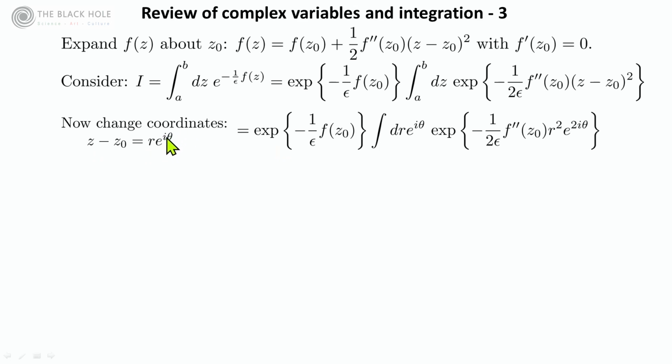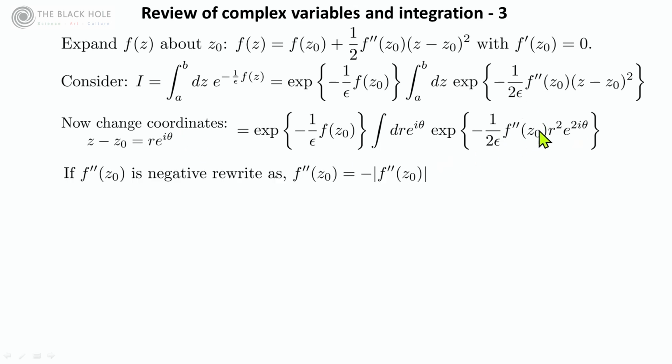Now here theta is something that I am going to fix according to my own convenience, according to my own liking. This is not a variable of integration. This is something that I choose. So dz is equal to dr, e to the I theta, and there's only the integration over r. And so there's the exponential, f double prime. Z minus Z naught squared is r squared e to the 2 I theta, because that's multiplying two of these together.